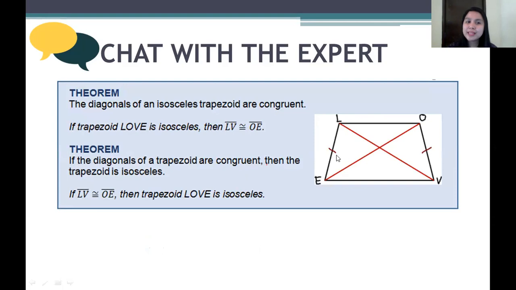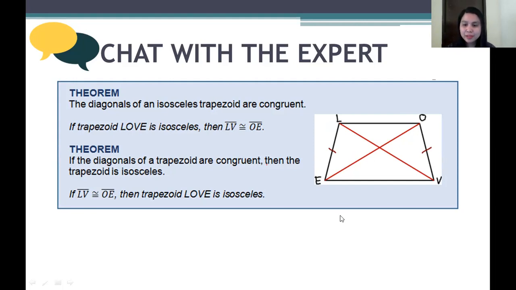Again, the diagonals of an isosceles trapezoid are congruent. So if this is an isosceles trapezoid, then LV is equal to EO. Next, if the diagonals are congruent, that's the converse. If the diagonals are congruent, then this trapezoid is isosceles.